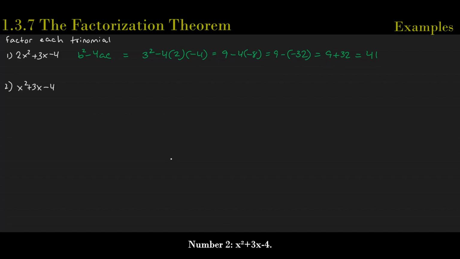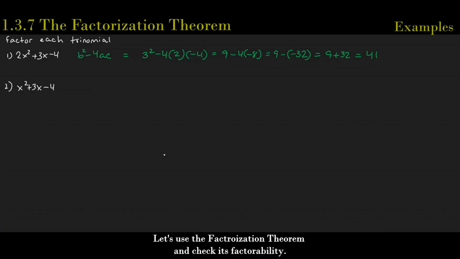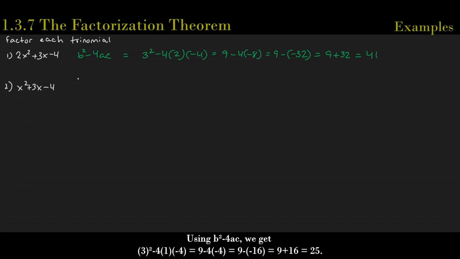Number 2. x squared plus 3x minus 4. This trinomial is almost the same as the first, only that this one has a leading coefficient of 1 instead of 2. Let's use the factorization theorem and check its factorability. Using b squared minus 4ac, we get 3 squared minus 4 times 1 times negative 4.